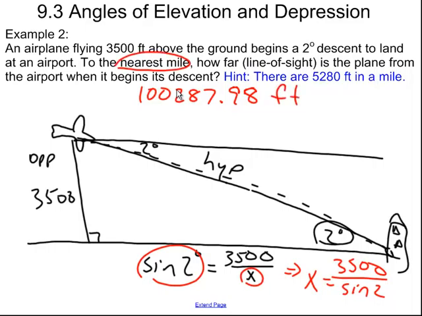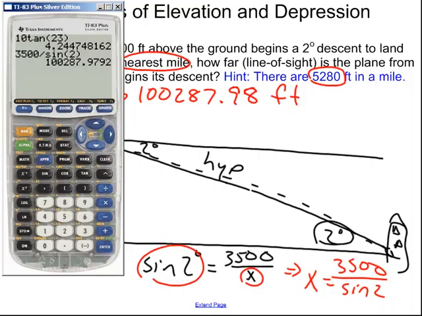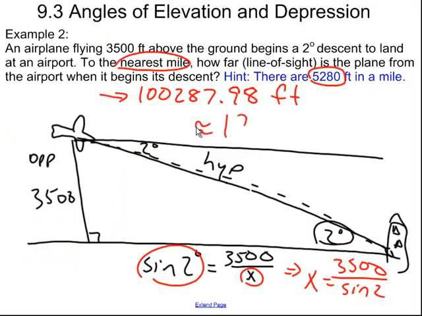I put feet. There are 5,280 feet in a mile. To figure out the answer, I'm going to divide this by 5,280. This number divided by 5,280 is 18.99, which is approximately 19 miles.